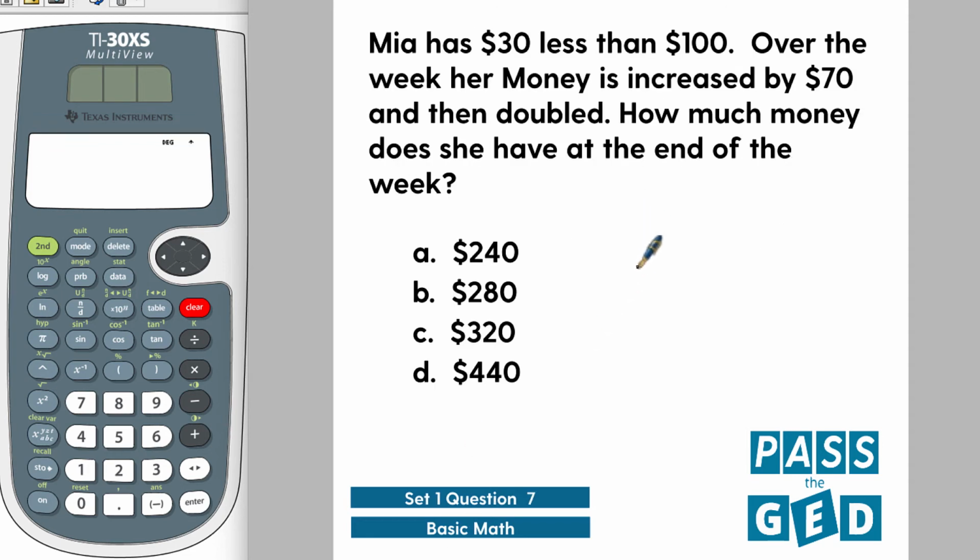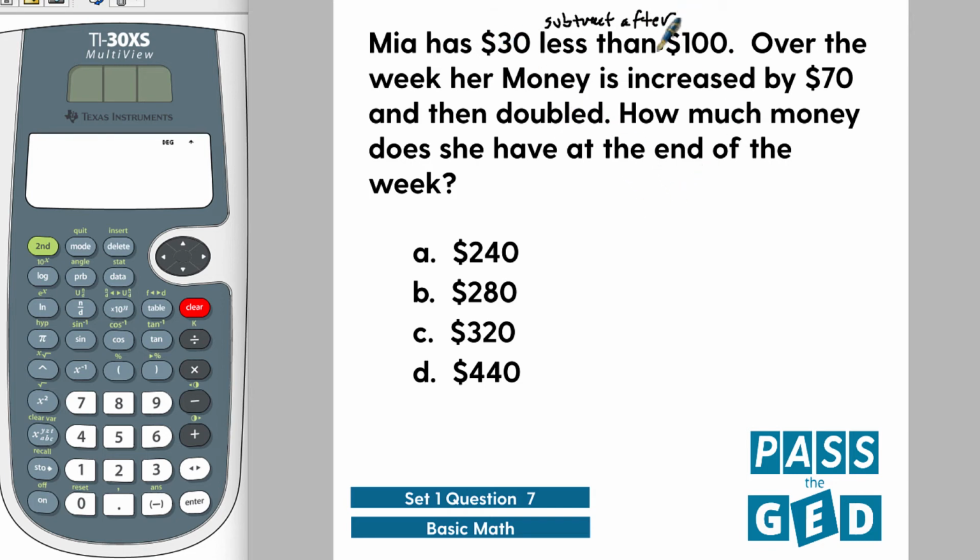Question 7. Mia has $30 less than 100. Over the week, her money is increased by $70 and then doubled. How much money does she have at the end of the week? Okay, Mia has $30 less than 100. So remember, less than means subtract after. In other words, you have to put this at the end.